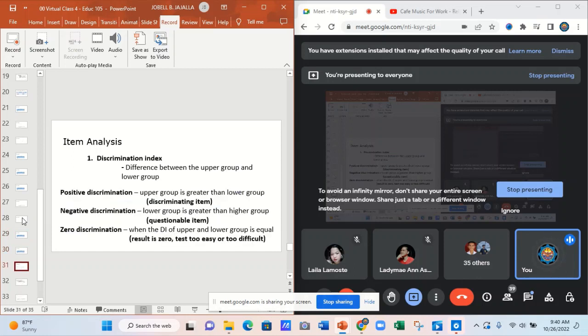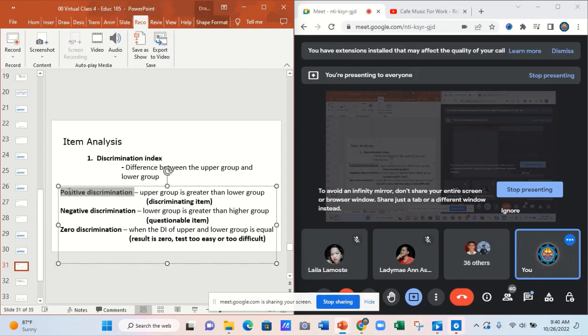Now, we have different types of discrimination to consider. Okay, the first one here, class, is positive discrimination. So when we say positive discrimination, class, note this, kato na siyang mga value sa discrimination index nga positive integers siya, except sa zero ug negative numbers. Okay?